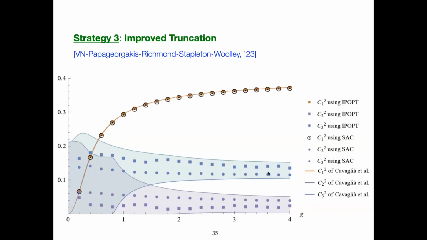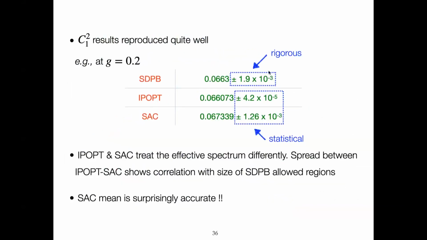Now the interesting thing is the results that we get for C2 squared and C3 squared, which were much harder to track in their method. Again we see that the two methods are, first of all, within the allowed regions, but the two methods are not focusing on the same configuration. Here are some explicit results to see the order of the errors, and to see that all these three algorithms are basically honing in on the same thing.